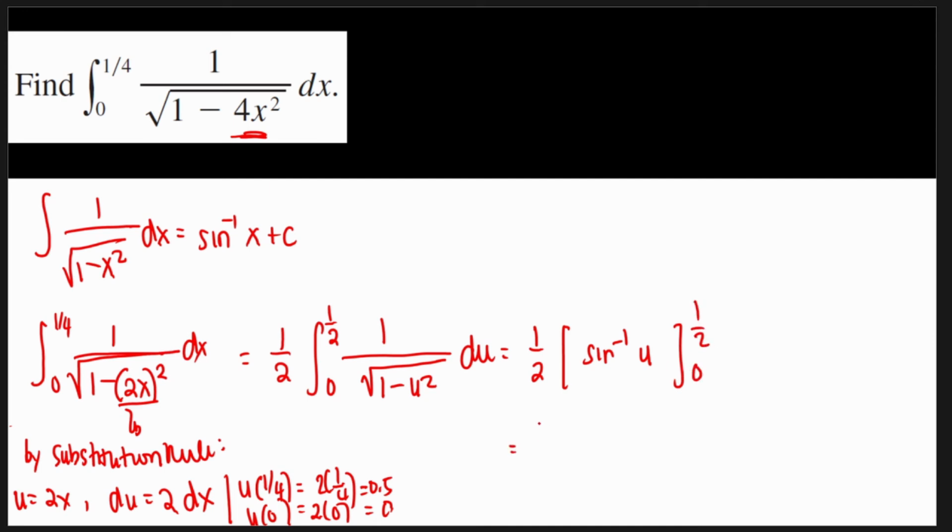So just directly solve this value. That is arc sine of 0.5 minus arc sine of 0.